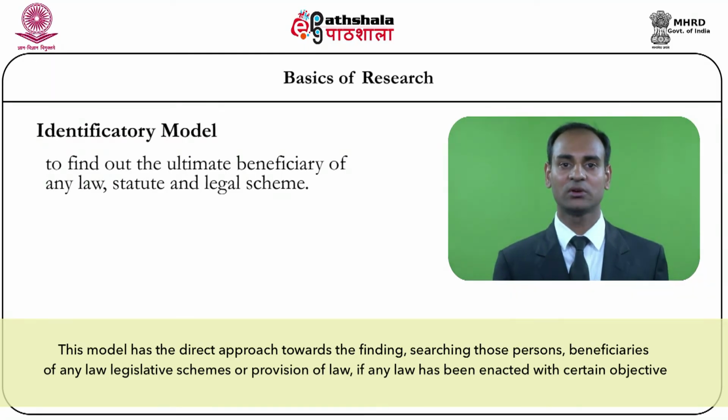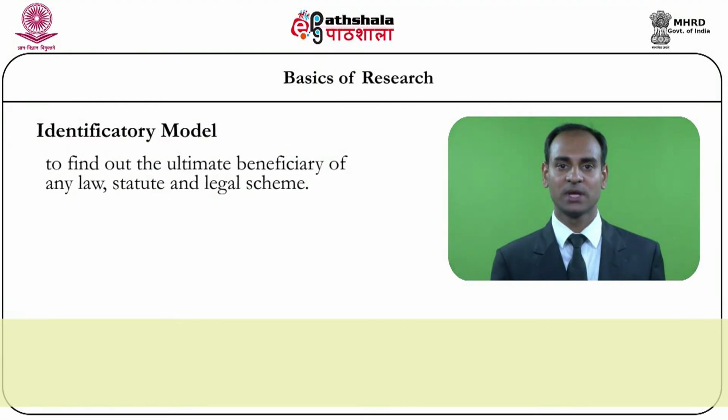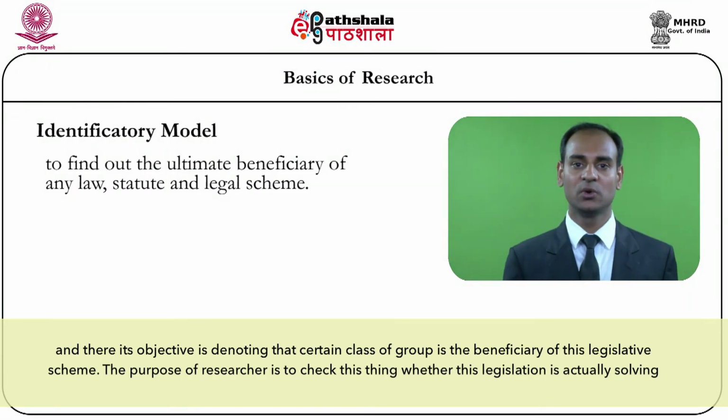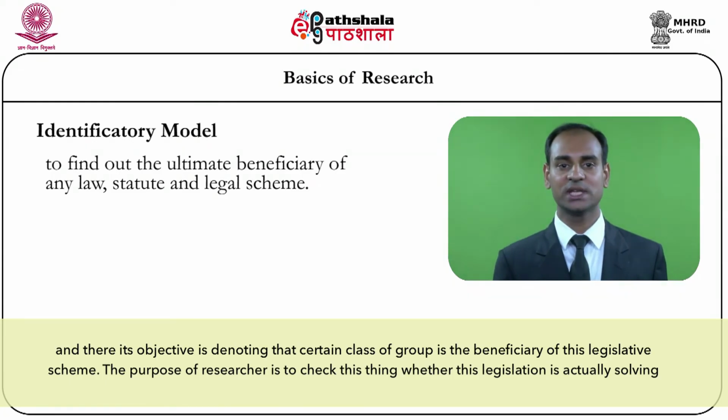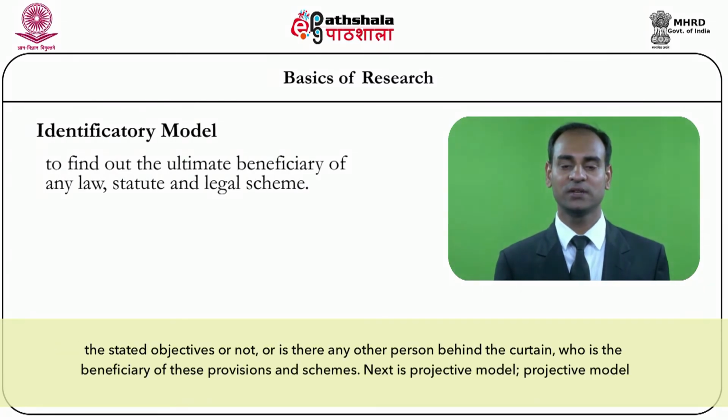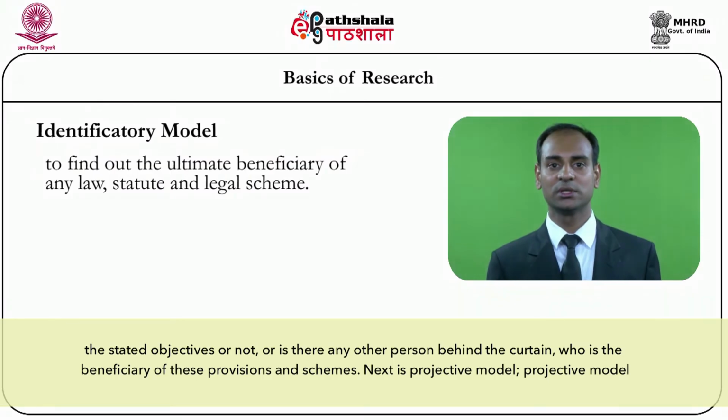If any law has been enacted with a certain objective, and its objective denotes that a certain class or group is the beneficiary of this legislative scheme, the purpose of the researcher is to check whether this legislation is actually serving the stated objectives or not, or whether there is any other person behind the curtain who is the beneficiary of these provisions and schemes.